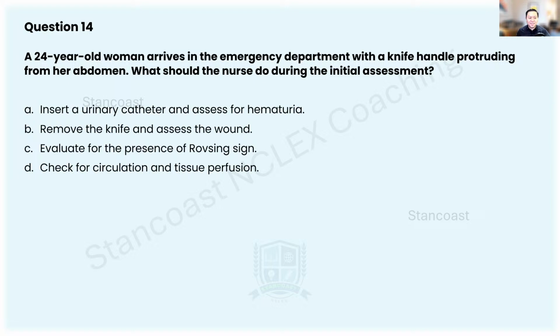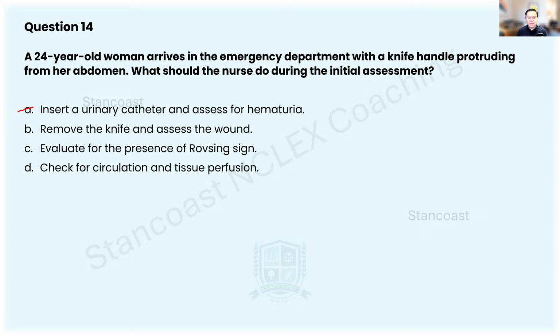All right, let's take a look into letter A. Insert a urinary catheter and assess for hematuria. Do you think this is indicated for this patient with presence of the foreign body, a wound caused by the knife? What do you think? Insertion of a Foley catheter.